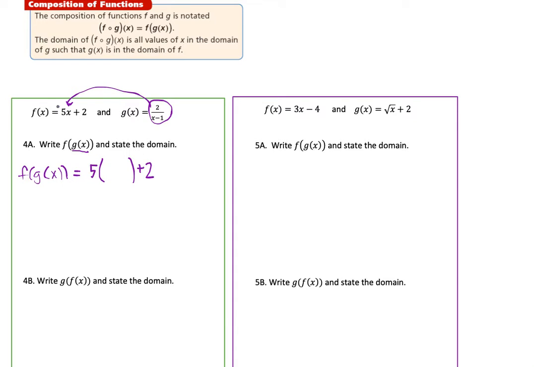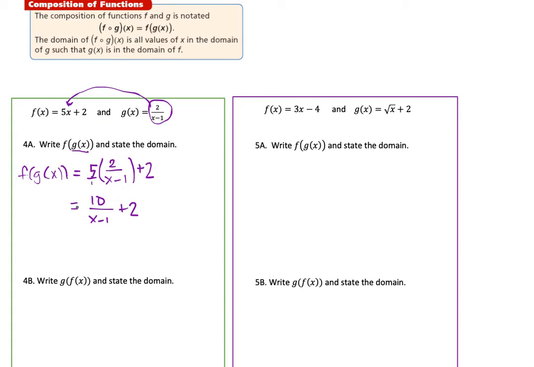So that's my f, my outside function, 5 times x plus 2. But instead of x, I'm going to put in the 2 over x minus 1. Then I'm going to simplify this. So this is 5 times this fraction, which is the same thing as 5 over 1, so I'm going to have 10 over x minus 1 plus 2.